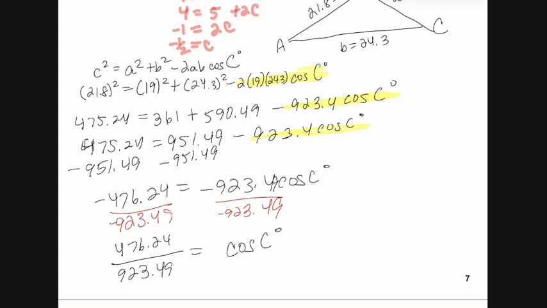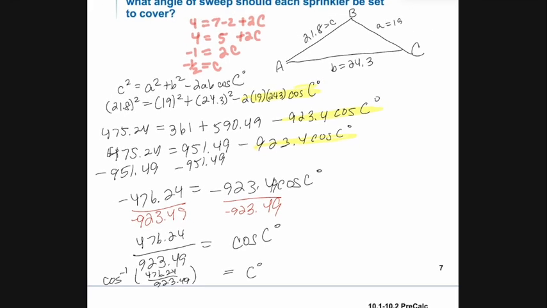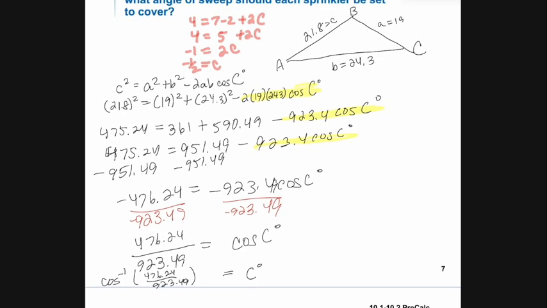Remember that the angle is always going to be the inverse cosine of that fraction. Now, that means that's the only time on our calculator that we hit the second button. So that -1 notation should appear. Make sure your calculator's in degree mode.